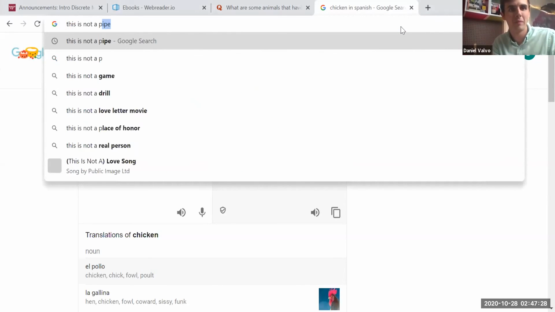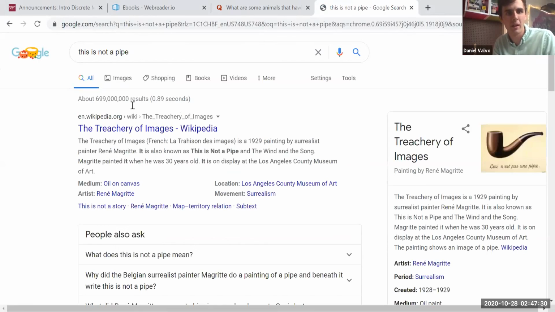But it's actually a lot like, I don't know how cultured you guys are, but if anyone's seen this painting right here.